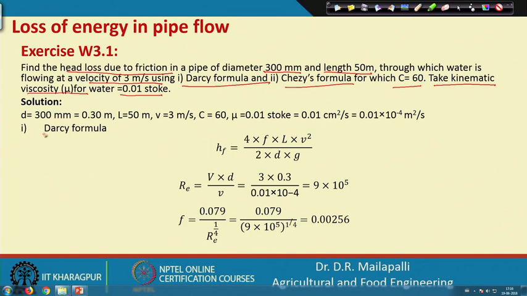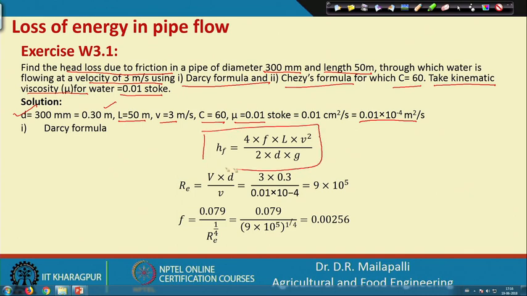The solution: let us summarize the inputs. D is 300 mm, which we convert into meters; length is 50 meters; V is 3 meters per second; Chezy's constant C is 60; and kinematic viscosity is 0.01 Stokes, which converted into meter squared per second is 0.01 times 10 power minus 4.